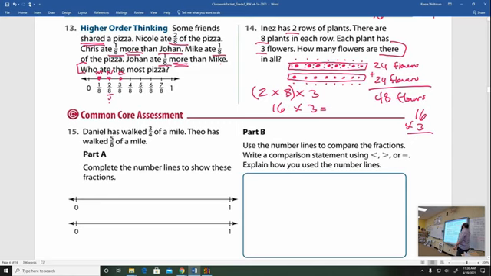So what is 6 times 3? 18. We're going to carry the 1. What's 3 times 1? And plus 1? It works. That's your equation. Make sense?